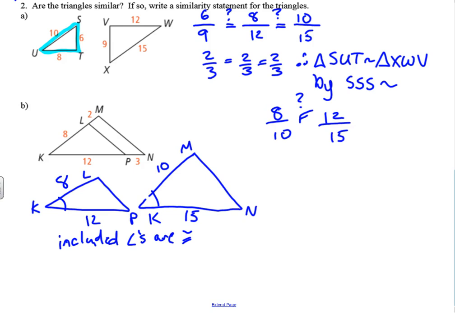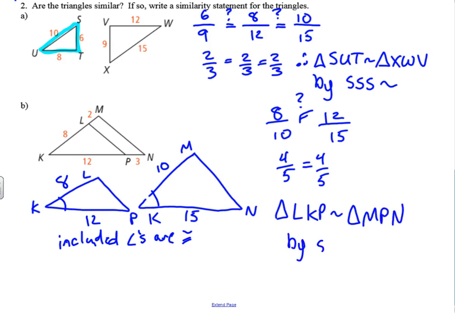Are these two things equal? So 8 over 10 reduces to 4/5, and 12 and 15, 3 goes into each of those, 4/5. So therefore, we could say that triangle, let's call the first one LKP, is going to be similar to triangle MPN, and this one would be by side angle side similarity.